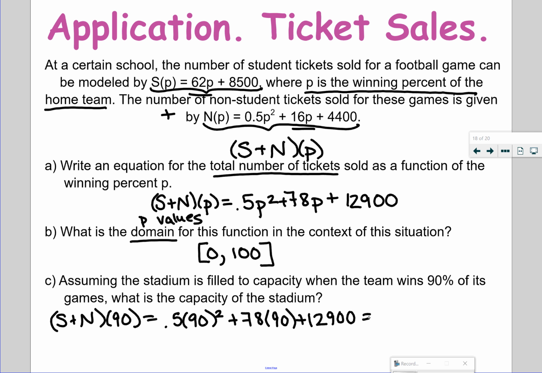And this is something you can just type in the calculator. Just use parentheses, be careful with it. And I get 23,970 is the capacity. So we'll label it people that can fit in our stadium.